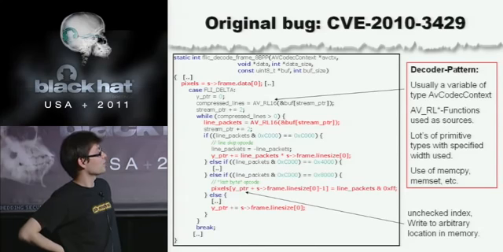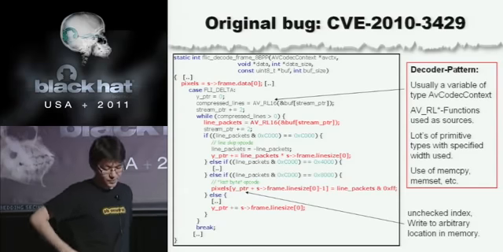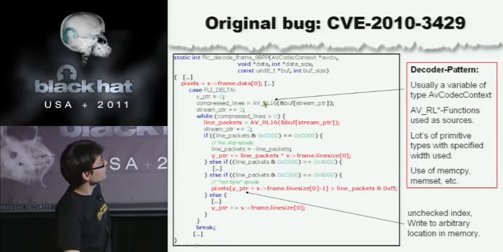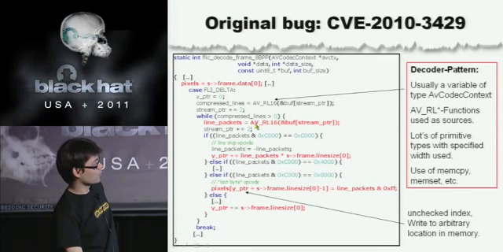If we look at these decoders, they all follow a very similar pattern. Basically, they want to write to this pixel array, and they will read information. They need to do this using an API of macros, which are all called AVRL or AVR something, 16, 32, 8, whatever, depending on how much they want to read.